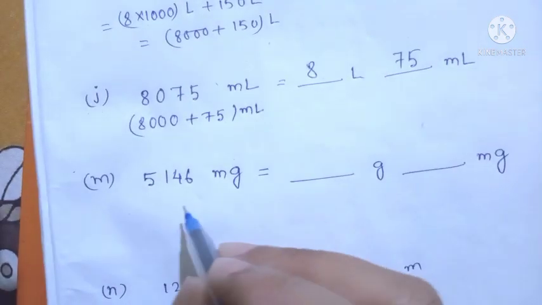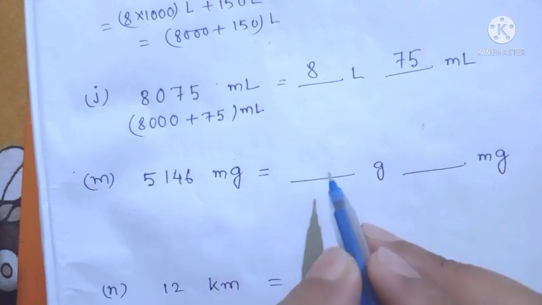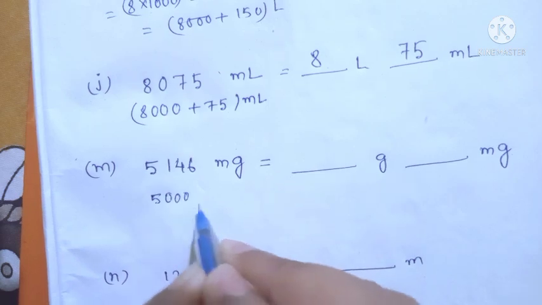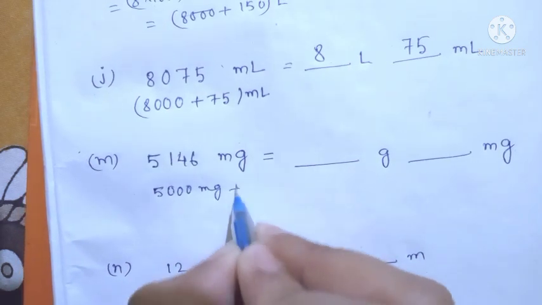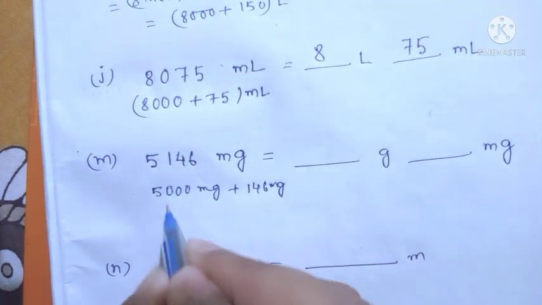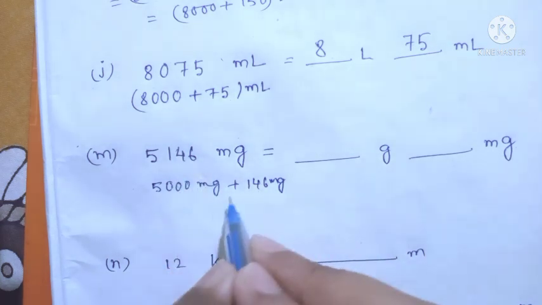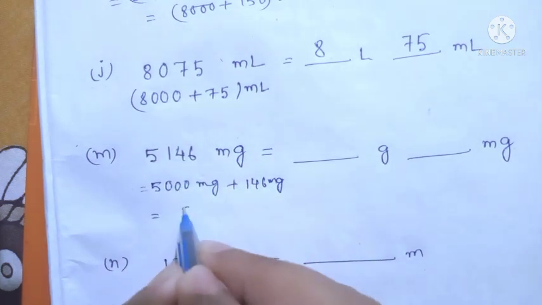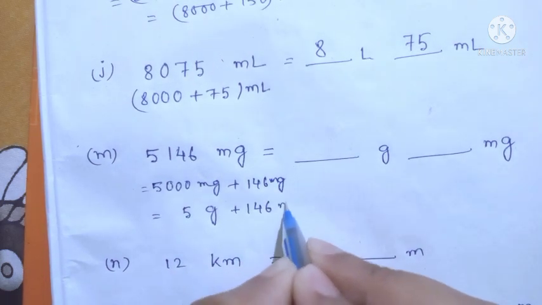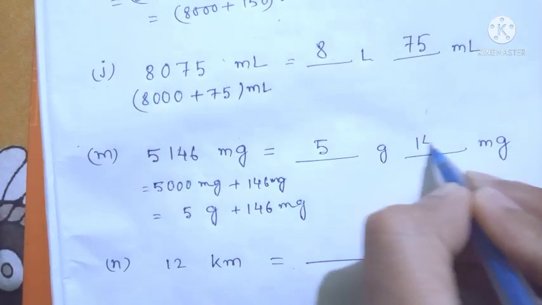Now we have to go from mg to g, that means milligram to gram. You can write 5000 milligram plus 146 milligram. Now 5000 milligram means 5 gram plus 146 milligram, that means 5 gram and 146 milligram.